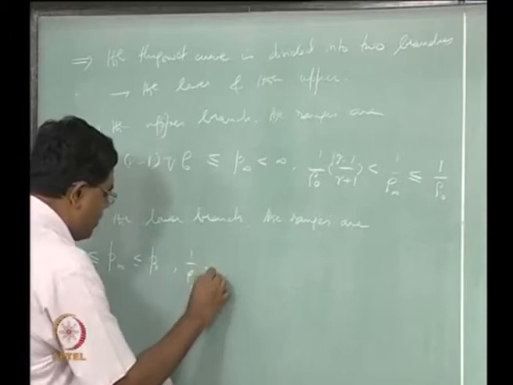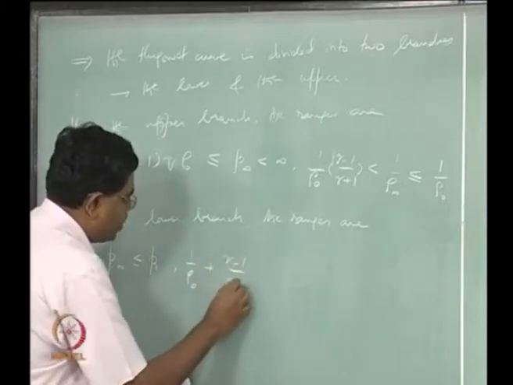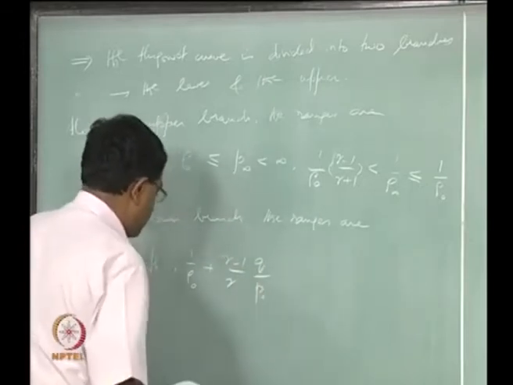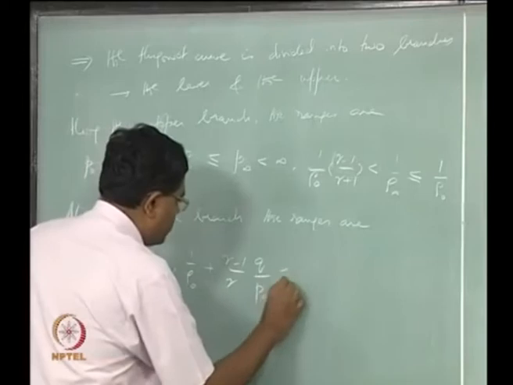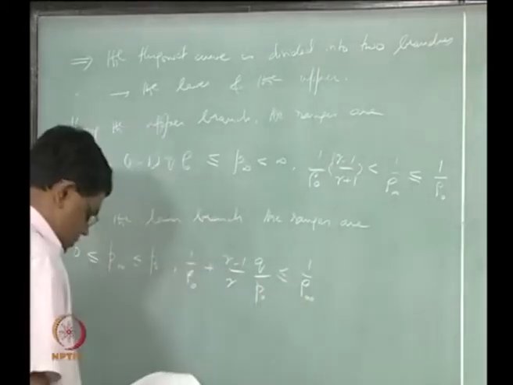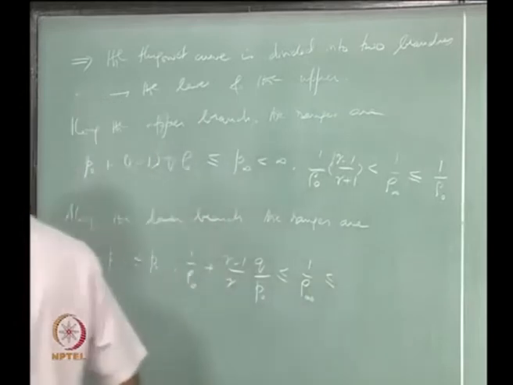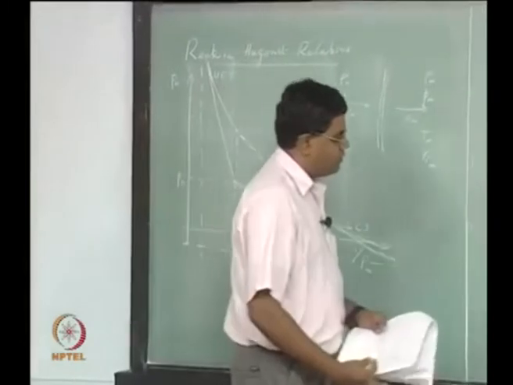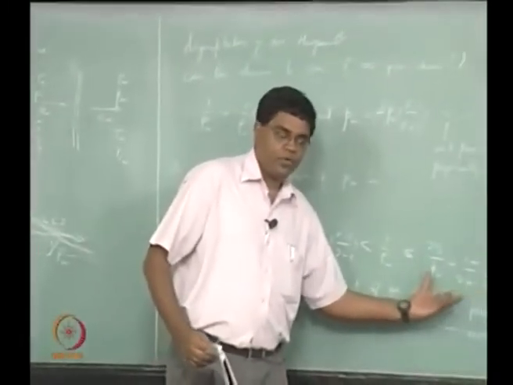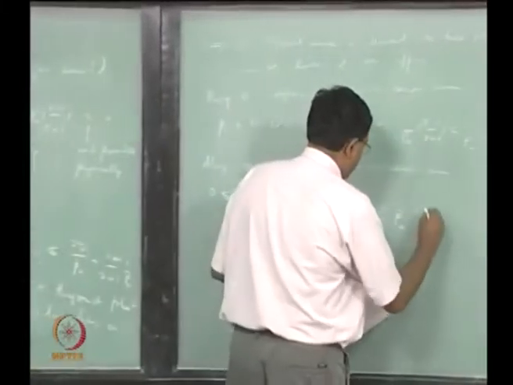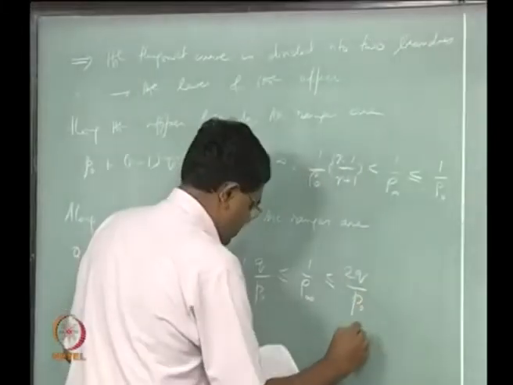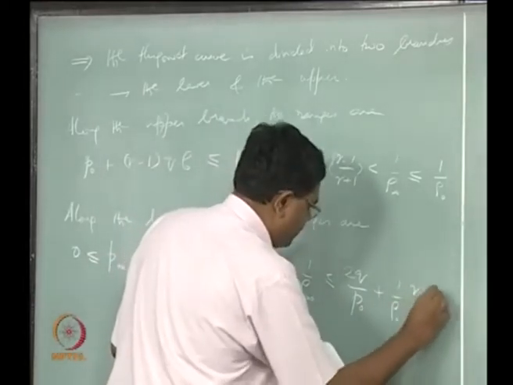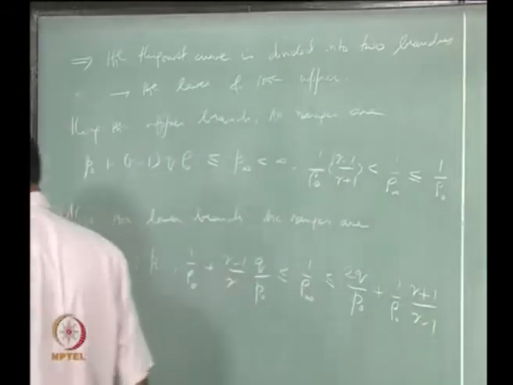So 1 over rho naught plus gamma minus 1 divided by gamma times Q divided by P naught is less than or equal to 1 over rho infinity, less than or equal to, that's the other end where P infinity becomes 0, something we have already figured out, 2Q divided by P naught plus 1 over rho naught times gamma plus 1 divided by gamma minus 1.